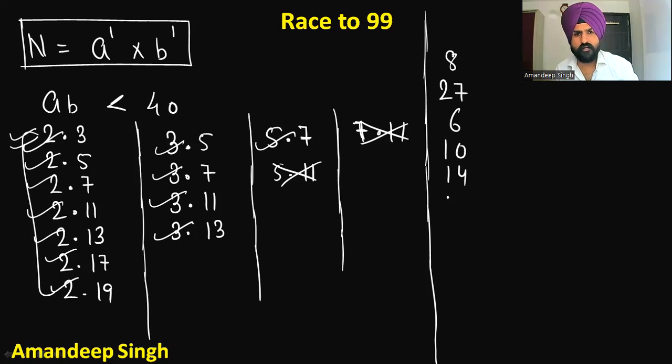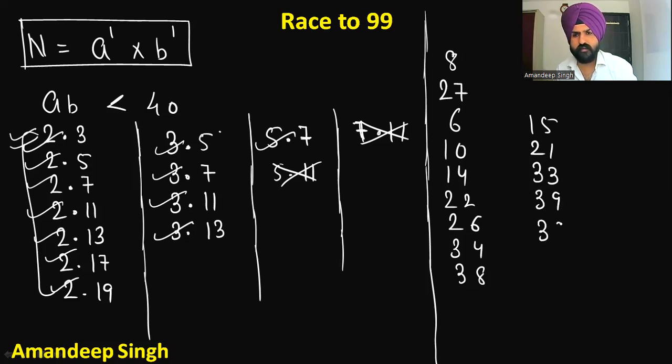Then if you multiply 3 and 5, I get 15. 3 and 7 is 21, 3 and 11 is 33, and 3 into 13 is 39. And 5 into 7 is 35. So these are the numbers which have exactly 4 factors, and the total count is 14, right?